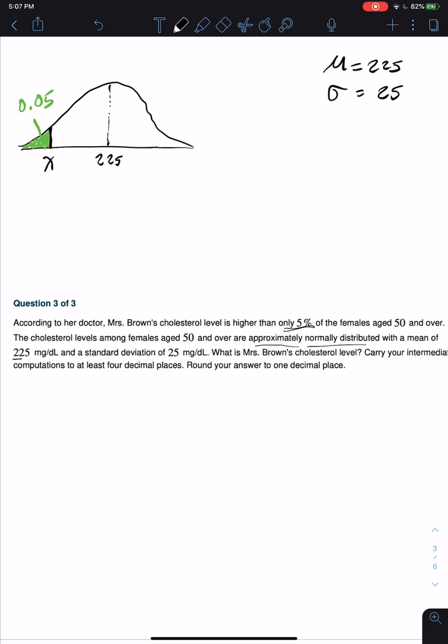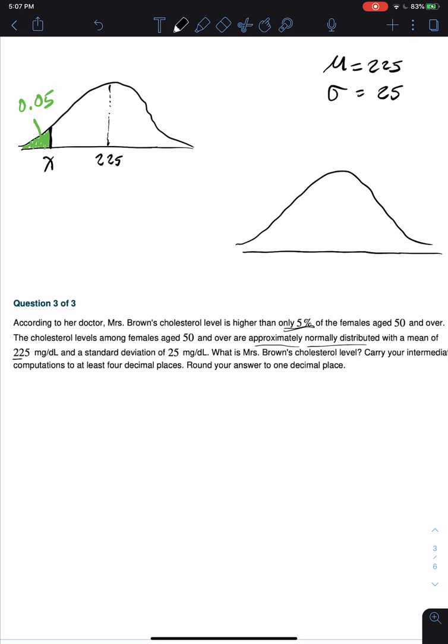As usual, we're going to need to take a look at this in terms of z-scores because then we can take a look at our table. I think I'm going to try to fit a standard normal curve right there. Getting a little sloppy again. Maybe I'll try that again.